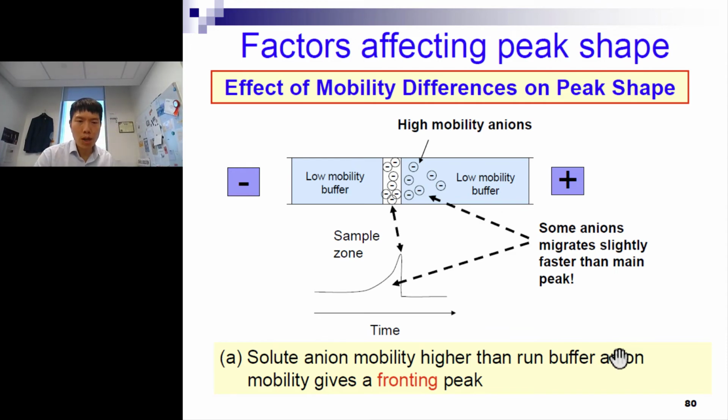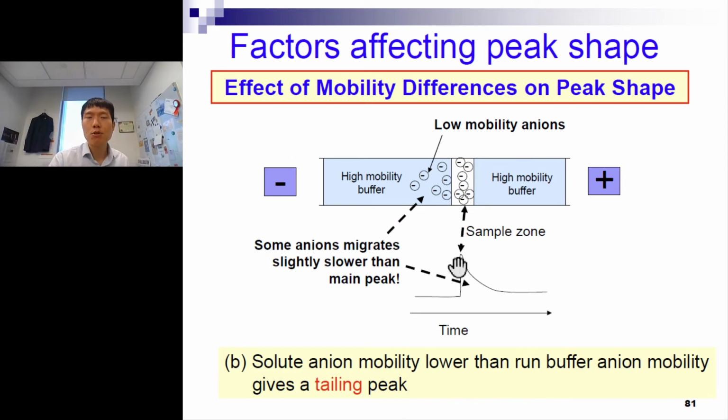Next, what are the common peaks that we do not desire? We have something called the fronting peak. Fronting means you have certain ions with a slightly higher mobility than those that move in the band, so they come up a bit faster and the detector sees them first. That's why the peak is very sharp. We don't want that.